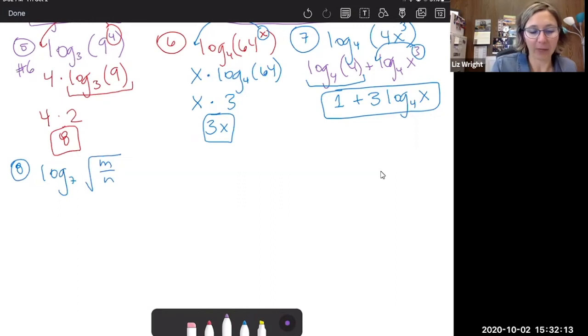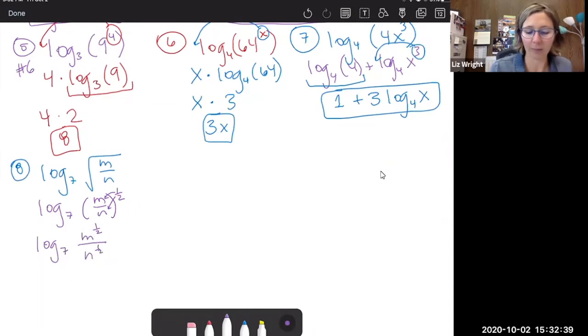So that comes in from another previous video where we would rewrite this as m over n, and we're raising it to the 1/2 power. And so what I'd like to do is to go ahead and distribute that 1/2 into each of these. And I like to say log base 7 of m to the 1/2 power all over n to the 1/2 power.